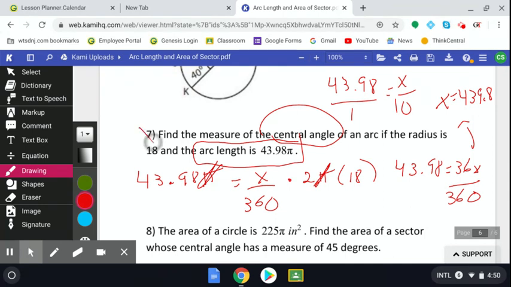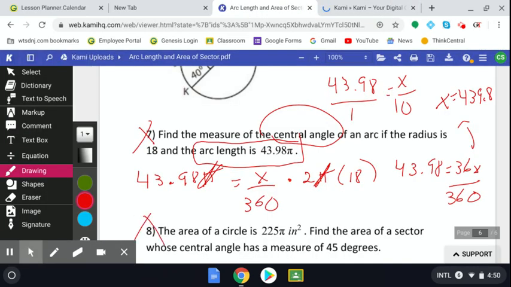Just leave it out. And then this one, they gave you the area. It would be the same idea, but don't worry about that. Just do 1 through 6, okay? Thank you so much.